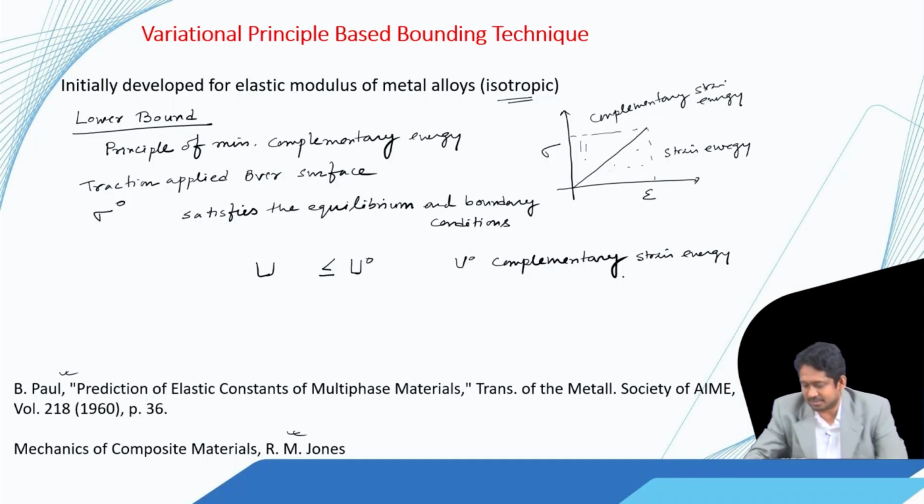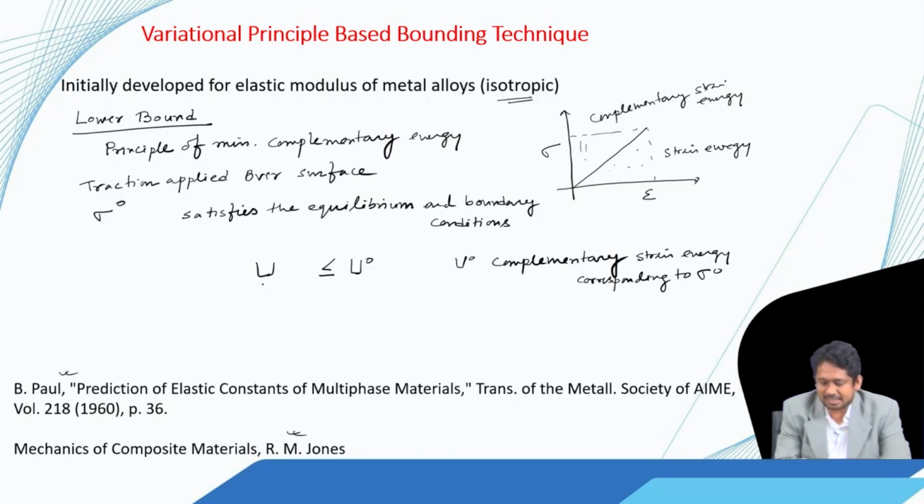So, this is complementary strain energy corresponding to sigma 0, and this is the same thing, but actual U is the actual strain energy. So, actual complementary strain energy has to be less than or equal to the complementary strain energy corresponding to sigma 0.